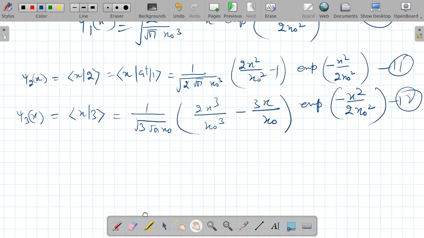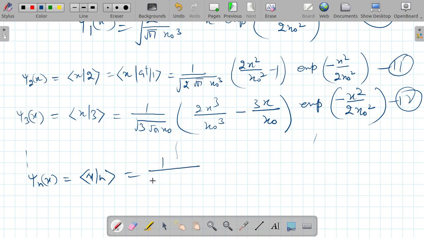And finally, in a similar manner, we can calculate psi n(x) as bra x ket n, the scalar product of x and n.